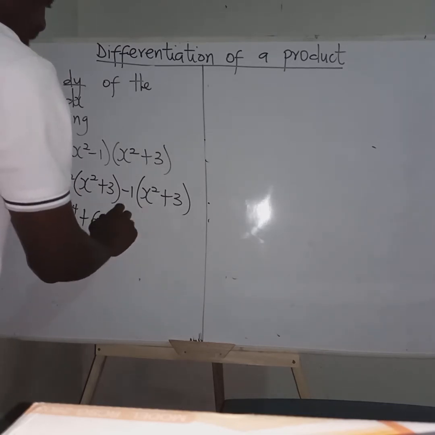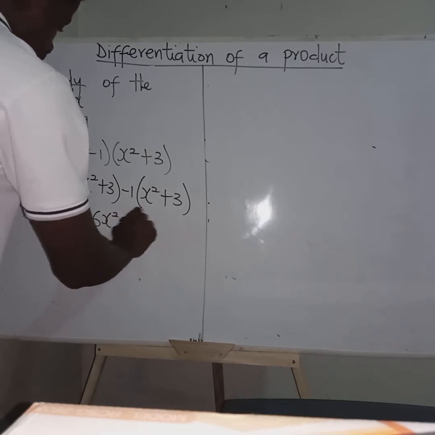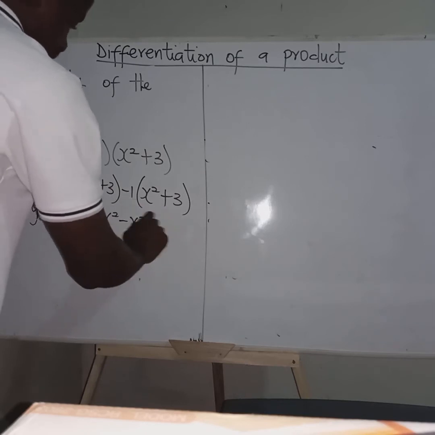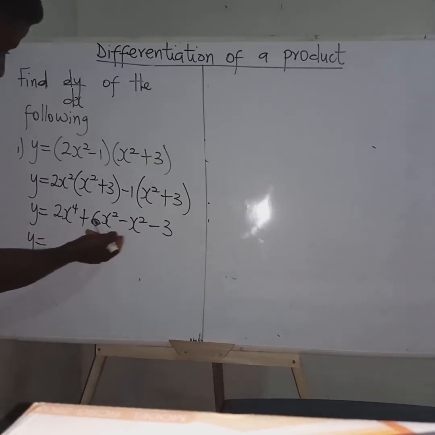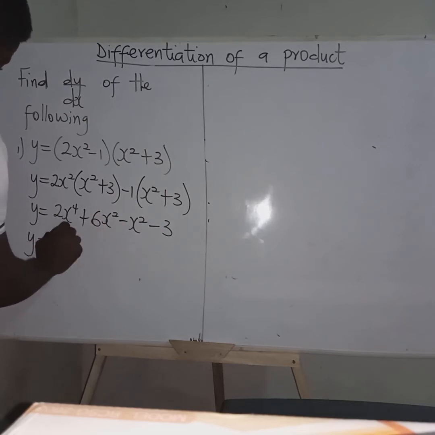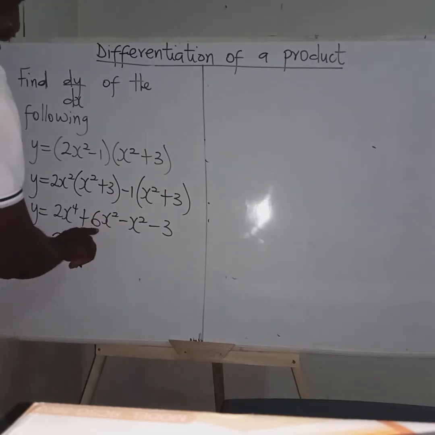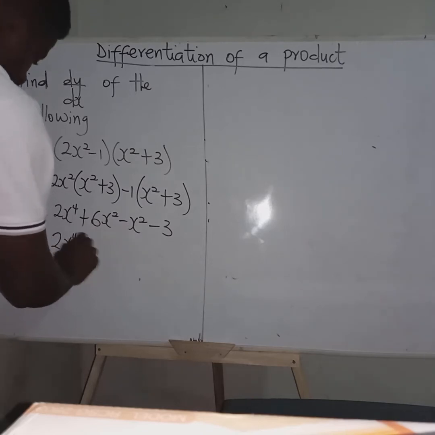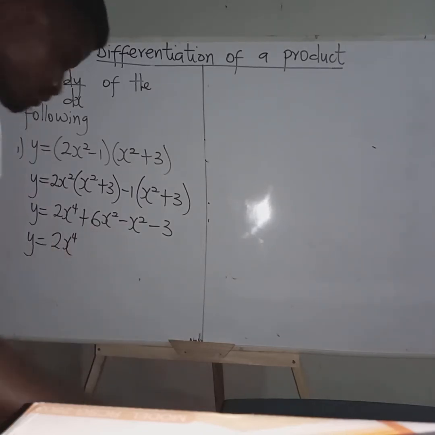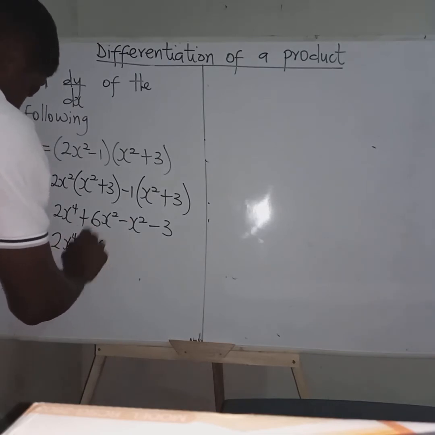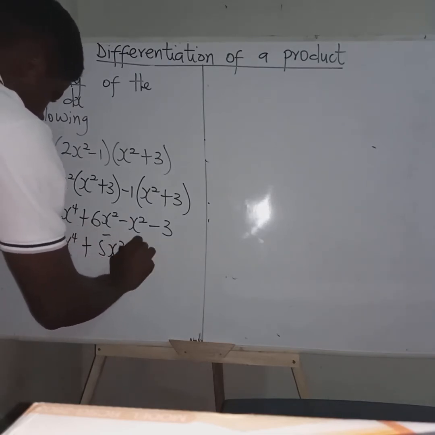Minus 1 times x squared is minus x squared. Minus 1 times 3 is minus 3. Let's group like terms. Already the like terms have been grouped, x squared and x squared. So we have 2x exponent 4, 6x squared minus x squared is positive 5x squared, minus 3.